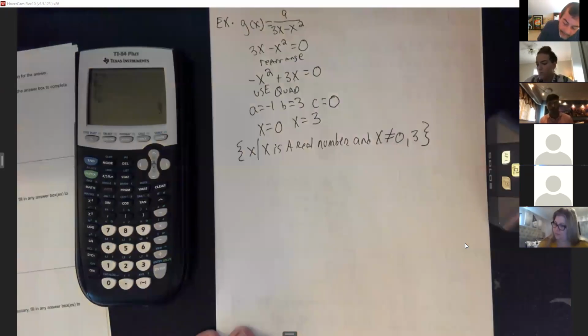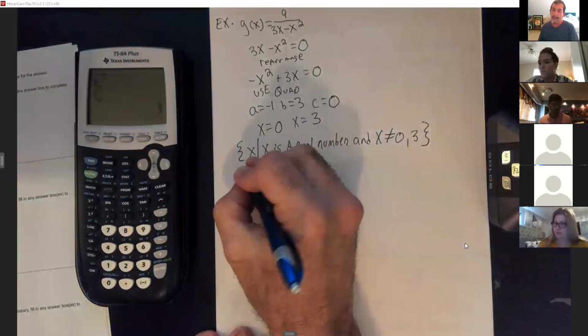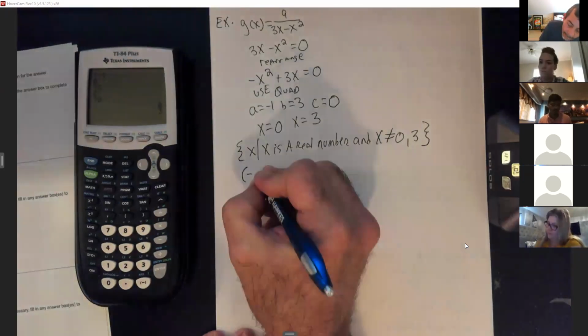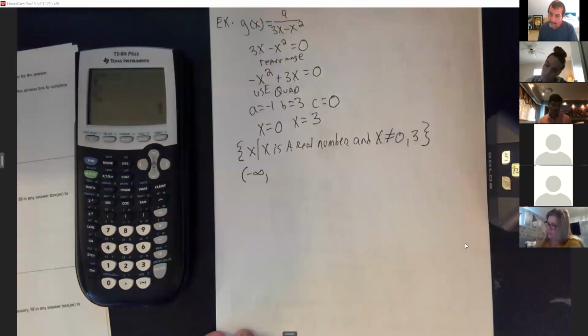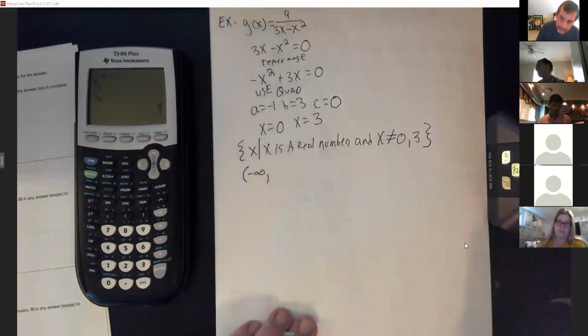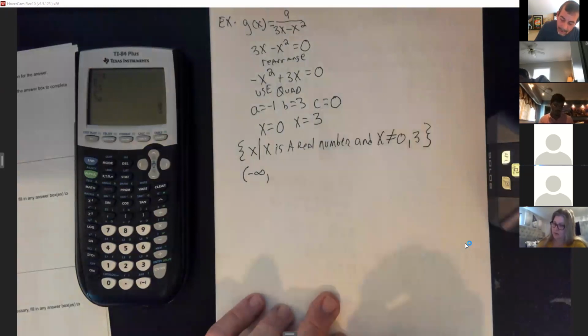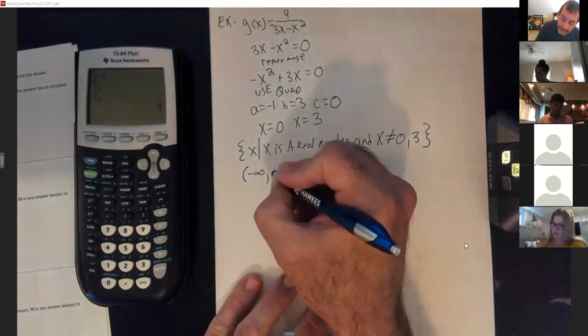Interval notation, we would start with our parentheses. So remember, you always start at -infinity. So going right, which number are you hitting first? Going left to right, I would hit my 0 first.